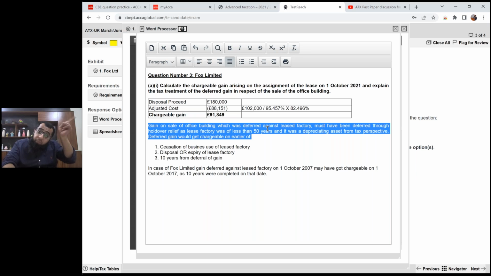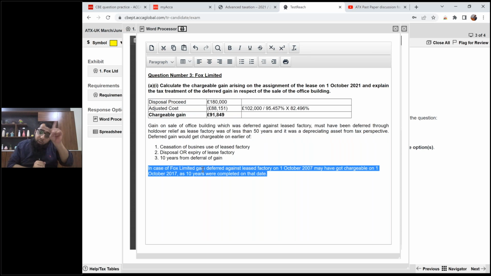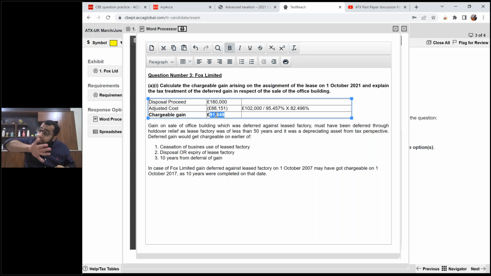That gain of the office building will get chargeable after 10 years. The gain which was chargeable after 10 years was the gain of the office building, not of the lease factory. Disposal of the lease factory is something different. Its gain is 91,849. It is done. It is closed. Forget about it now.